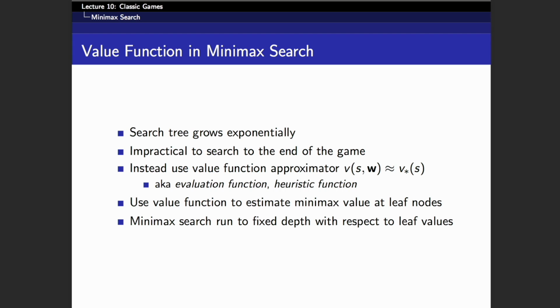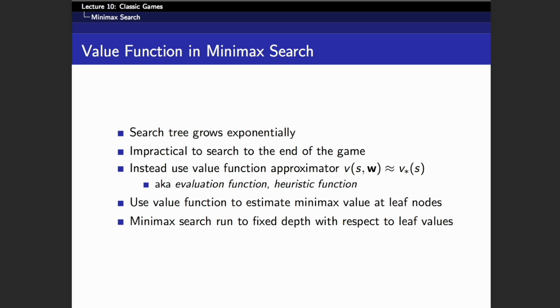In practice, what people use is something which we would call a value function approximator, but which in all of those AI textbooks would be called an evaluation function or a heuristic function. The value function approximator is trying to approximate this minimax value.